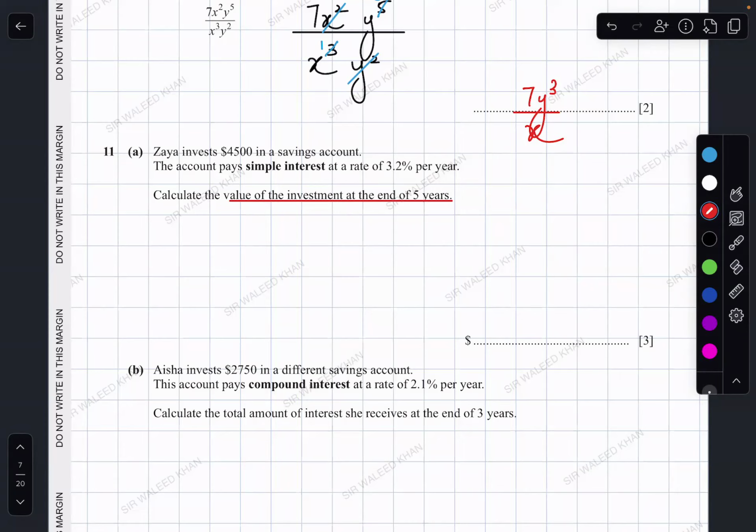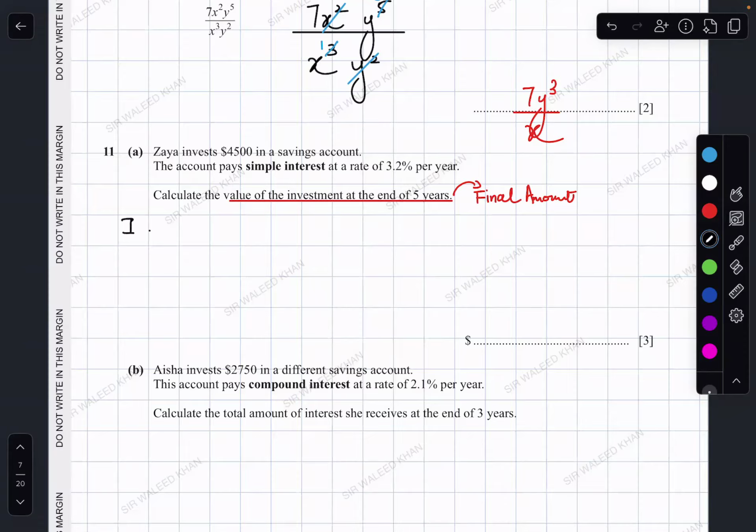Are they talking about just the interest or the final amount in the bank? Are they just talking about the simple interest after 5 years or the final amount? A final amount. This can be confusing sometimes, okay? Sometimes they ask you just about the interest, sometimes they ask you about the final amount. So you have to deal with the question accordingly.